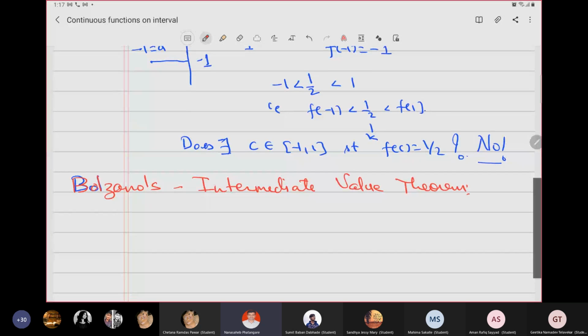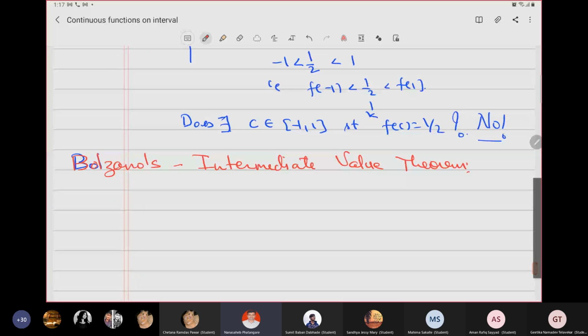What this theorem says: let I be an interval, and let f from I to R be a continuous function on I.